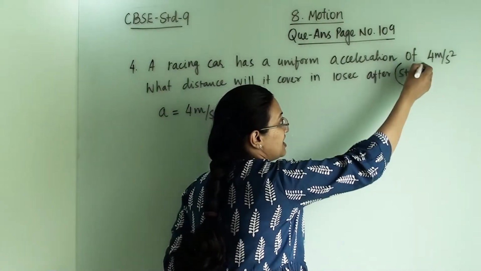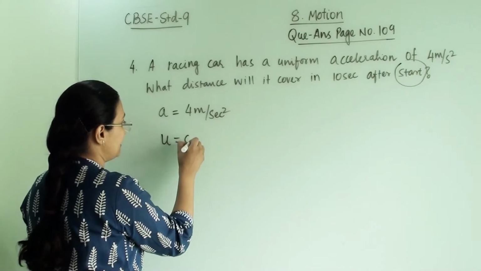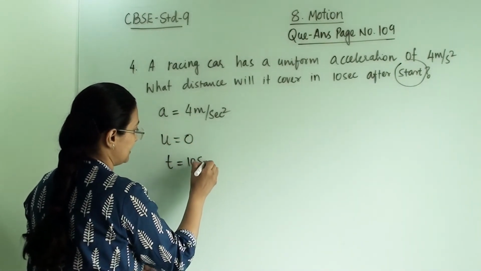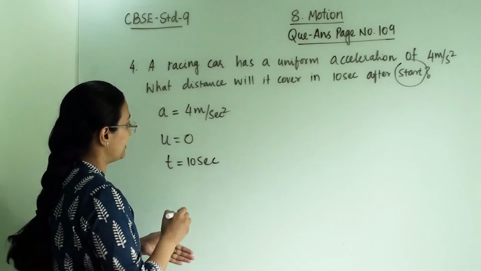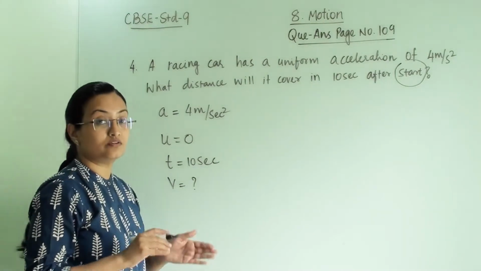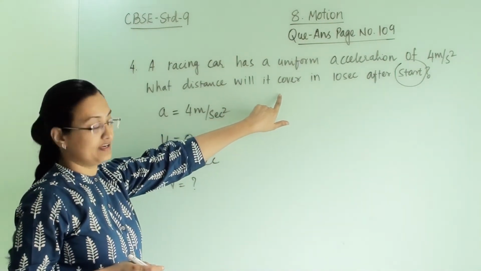So after start suggests that it was at resting position. So initial velocity is 0 and time given is 10 seconds. So we have to find out the distance. What distance will it cover in 10 seconds?